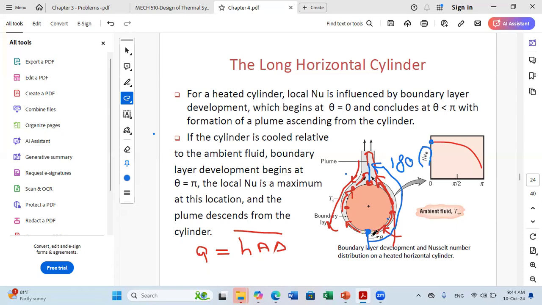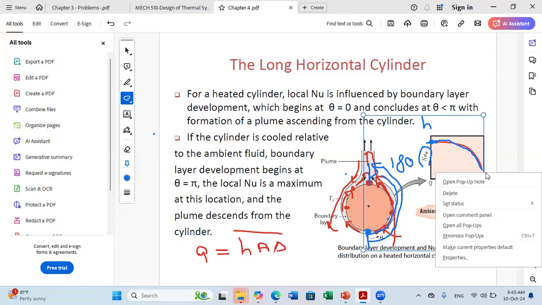As you turn towards theta equals pi, the thickness of your boundary layer will increase, and this will lead to a reduction in Nusselt number. So Nusselt number is maximum at 0 and minimum at 180. That's why the convective coefficient h will also be maximum at 0 and minimum at pi.